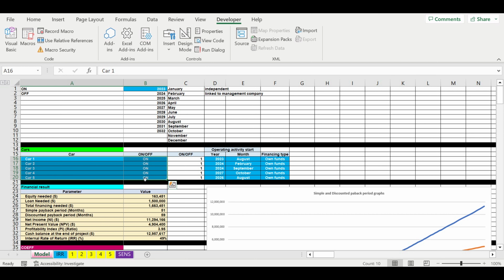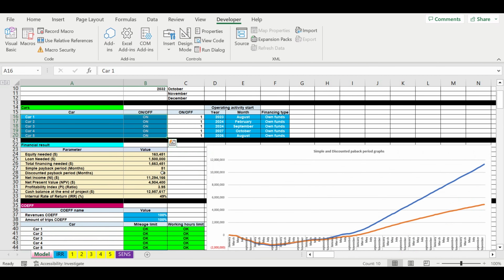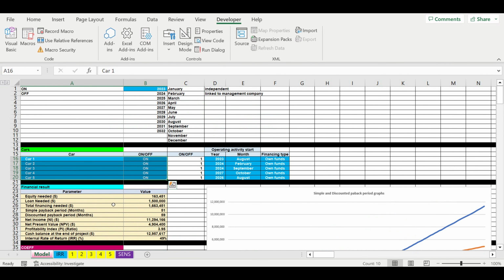You can easily find the inputs throughout the whole financial model, and you will be able to create scenarios very quickly. So let's start with the first tab.